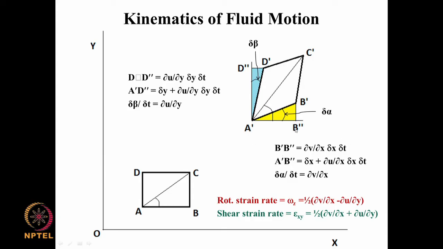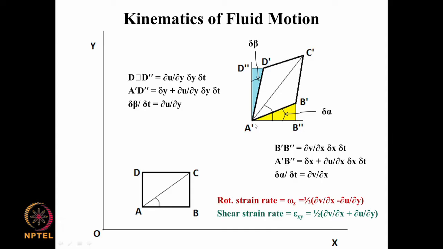A prime B double prime would have been the same as the distance AB if both A and B have the same horizontal velocity. If A is travelling slowly in the horizontal direction, B is travelling fast in the horizontal direction, after a small time delta t, B will have gone way too high.